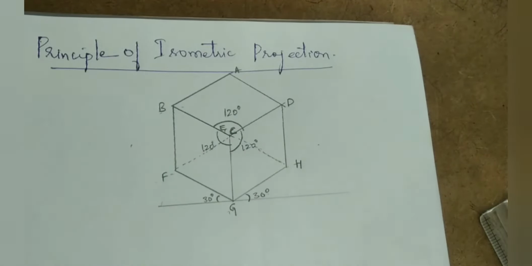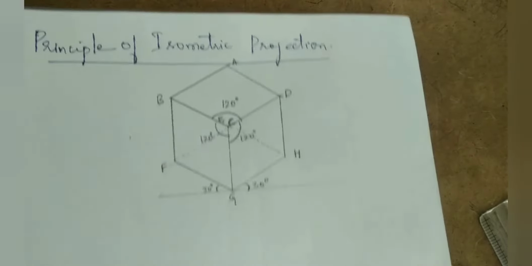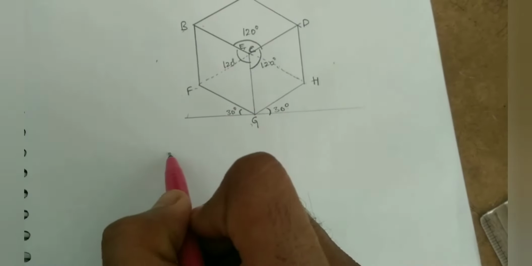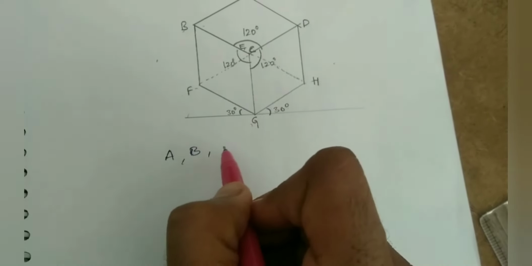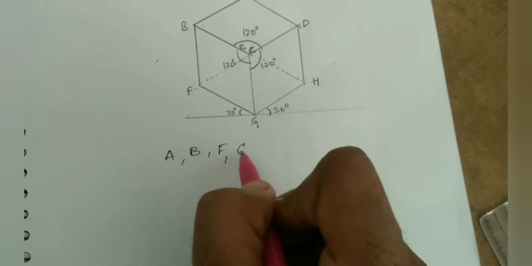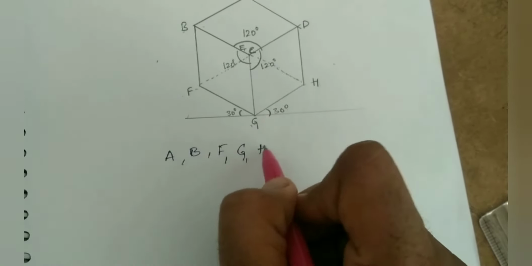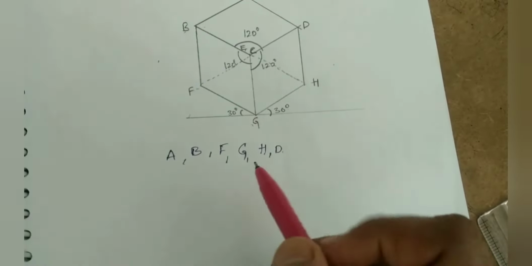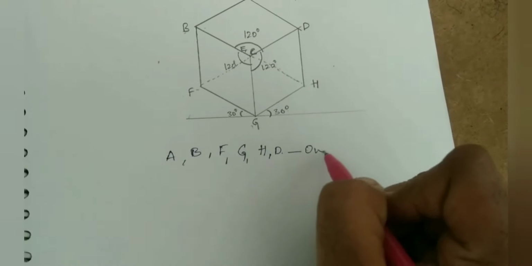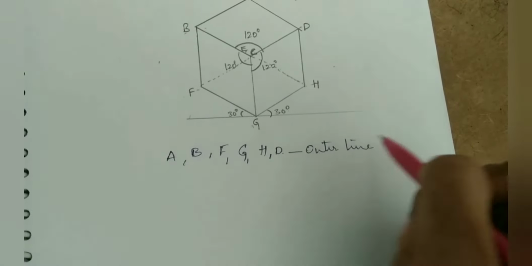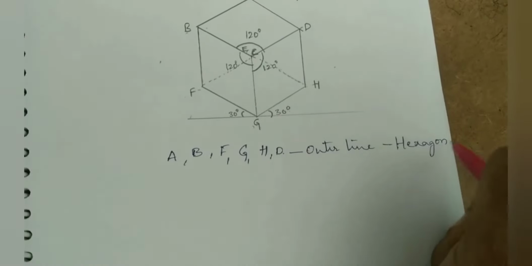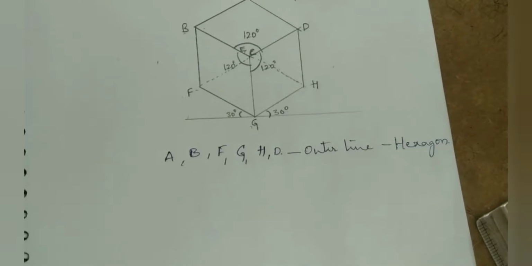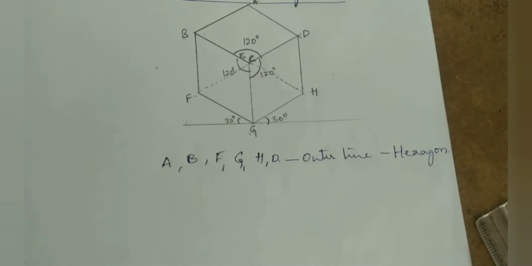If you see the boundaries, let me mark them as A, B, F, G, H, D. These are the outer lines which appear like a hexagon. This is the general principle that we follow in an isometric projection.